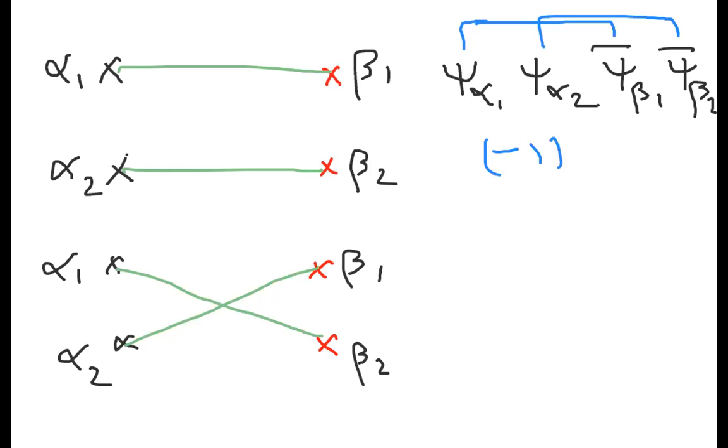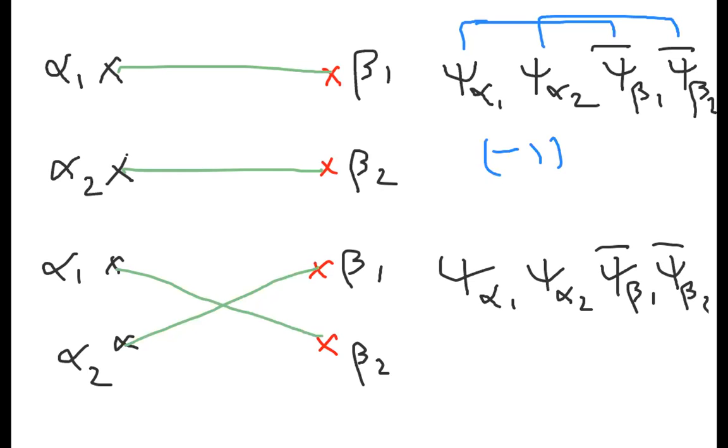On the other hand, if we take psi alpha 1, psi alpha 2, psi bar beta 1, psi bar beta 2, and we join alpha 1 to beta 2 and alpha 2 to beta 1, suppose you join like this. The number of crossings here is 2.